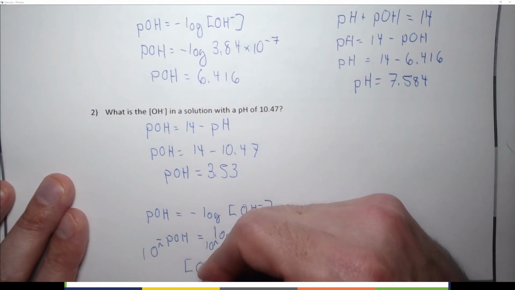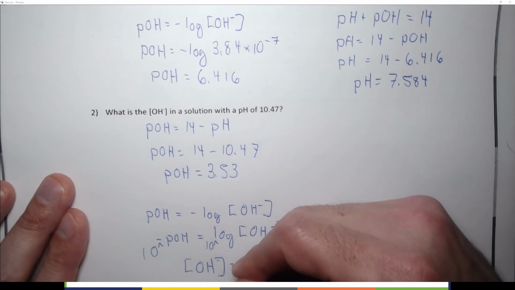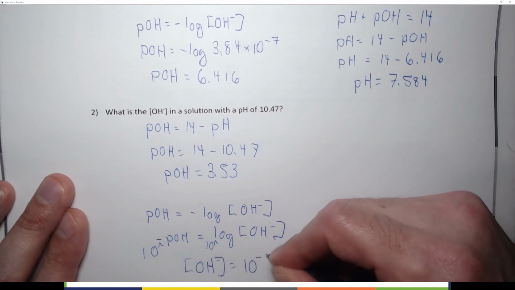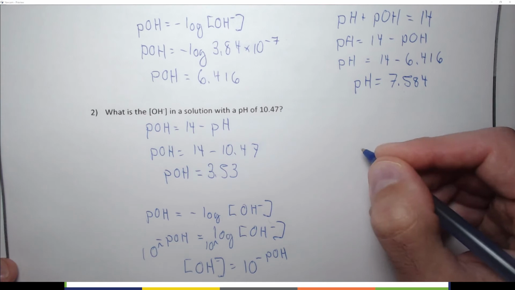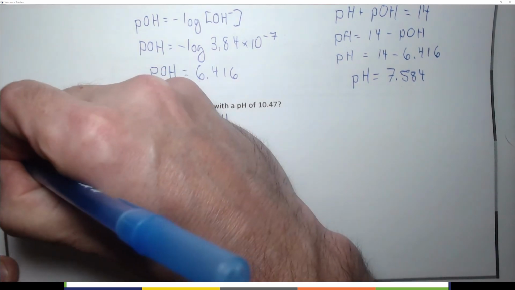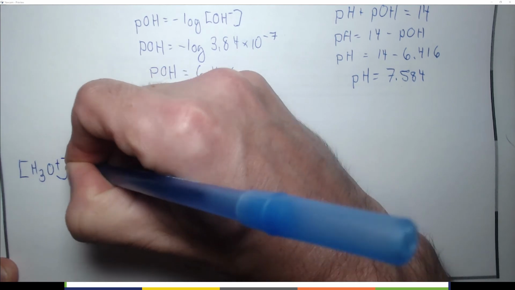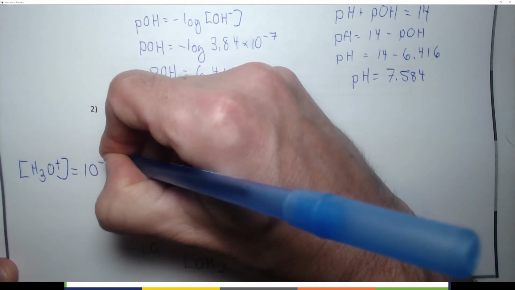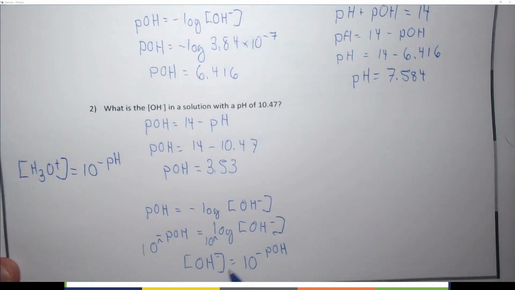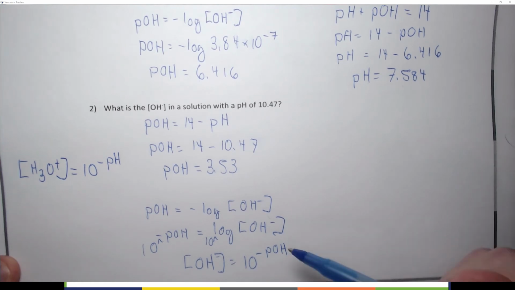So the concentration of OH minus equals 10 to the negative pOH. If you wanted the one for pH, it's concentration of H3O plus equals 10 to the negative pH. All right, they're the same. I derived this for you, but you can think of it as a separate equation if you prefer. I put it on the previous slide.